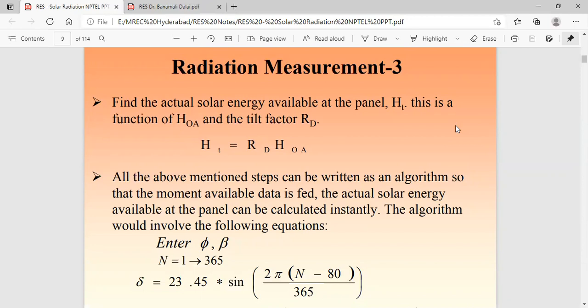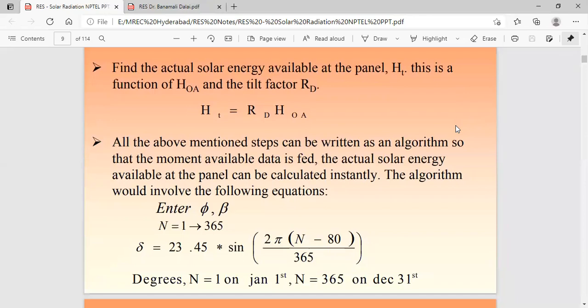This is a function of HOA and the tilt factor RD. Now HT is equal to RD into HOA. All the above mentioned steps can be written as an algorithm so that the moment the data is fed, the actual solar energy available at the panel can be calculated instantaneously.